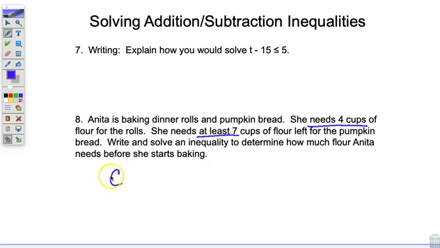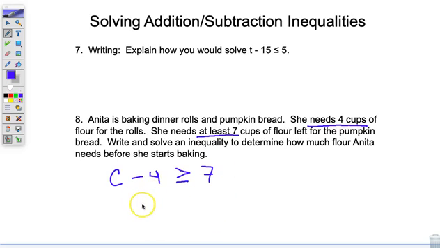So let's say I start with c, that's how many cups of flour I start with. I take away 4 because I'm baking the rolls. And when it says I need at least 7 cups of flour left for the pumpkin bread, I want the left side to be greater than or equal to 7 to ensure I have enough flour for the pumpkin bread.